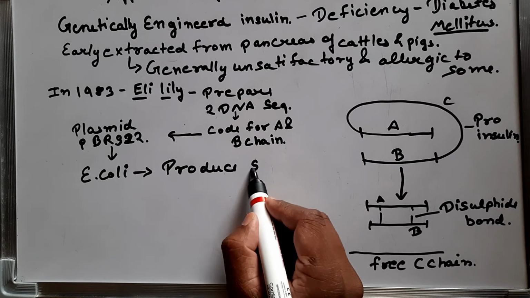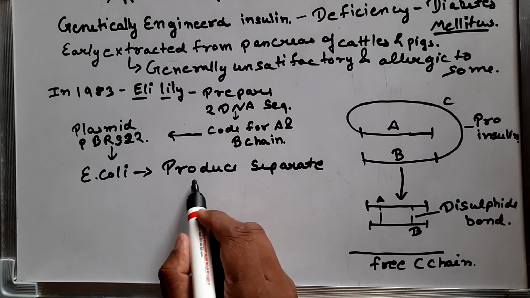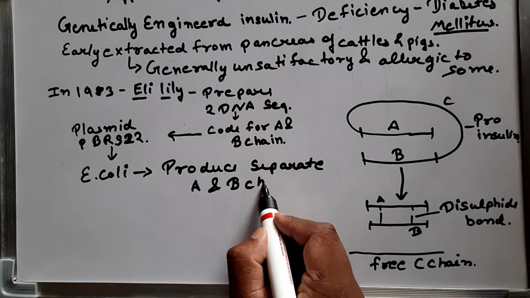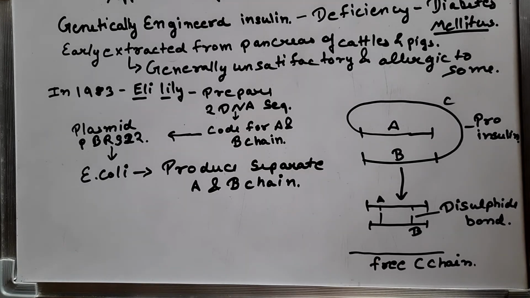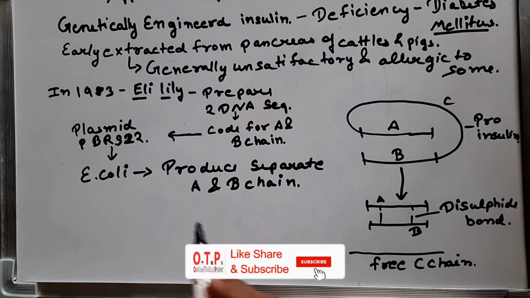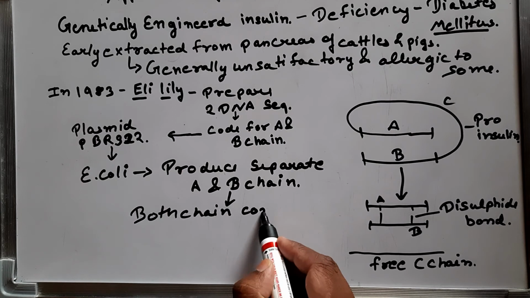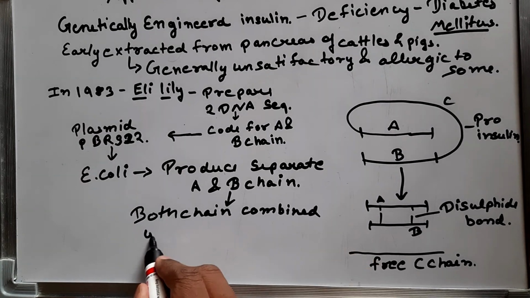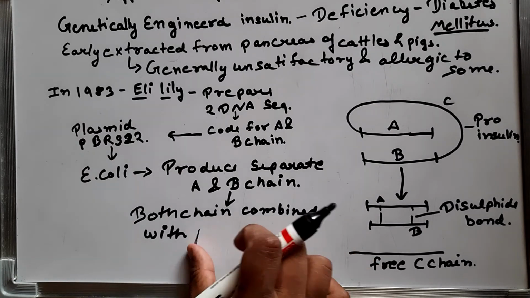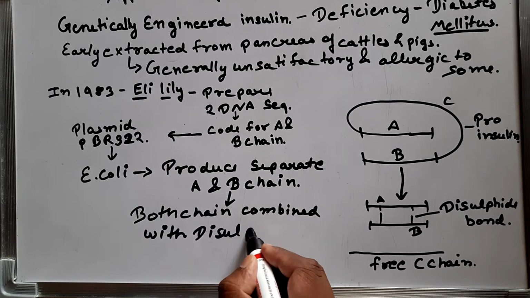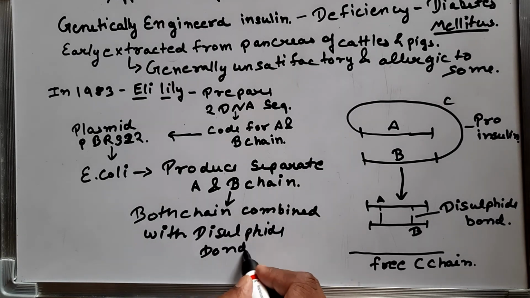coli. Now E. coli produces separate A and B chains, and these two A and B chains of insulin are connected by disulfide bond. So this mature insulin is formed by this complete process where two DNA sequences are made for chain A and B, which are inserted into the plasmid.